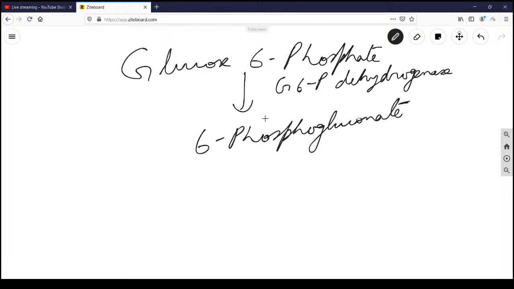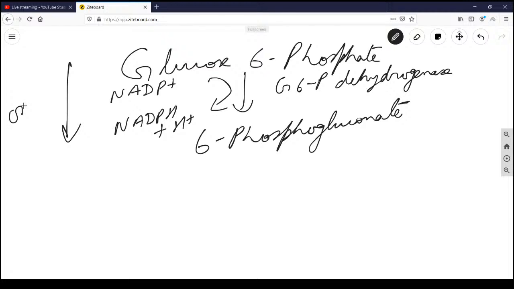So this is an oxidation reaction, and here something must be reduced. NADP plus is reduced to NADPH plus H plus. So oxidation and reduction go side by side. This is an oxidation reaction and this is a reduction reaction. Always know the basics of biochemistry.